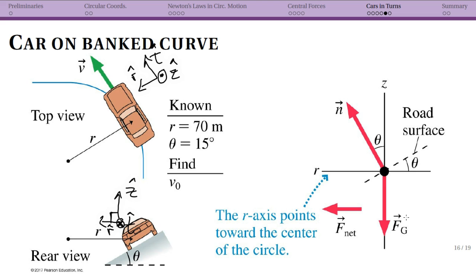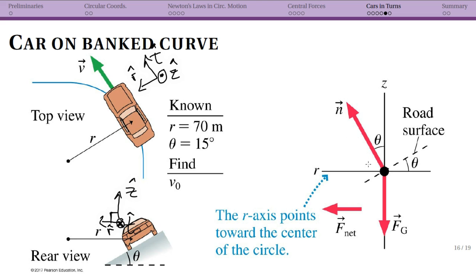So what happens is that you do have a central force, and we predict there to be a central force based on our model that says if you have an object in uniform circular motion with a constant radius, you know that you have a centripetal acceleration, and if you multiply that by m, you get your net force. So there must be a net force towards the center, and that is actually the radial component of the normal force.